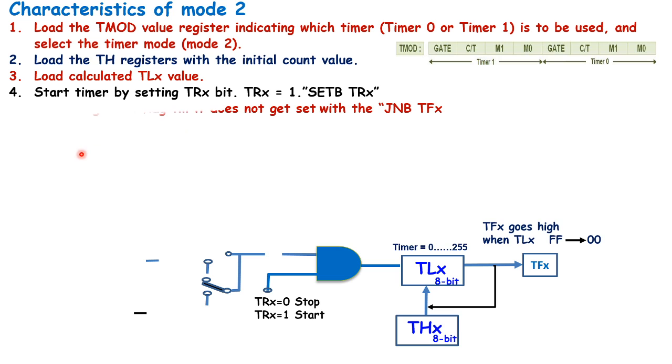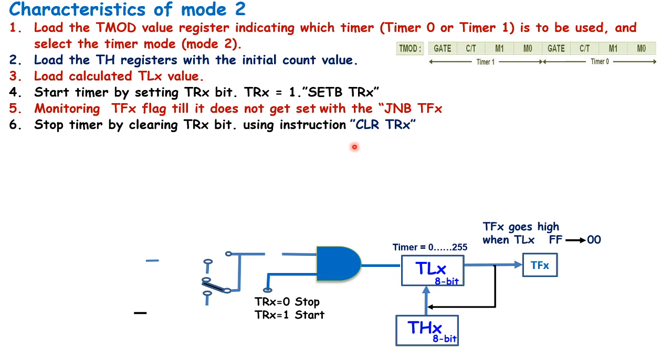So this is the start of the timer, and then monitor the TFX overflow flag bit until it gets set, with the instruction JNB TFX. We will discuss this instruction in detail at the time of the instruction set.